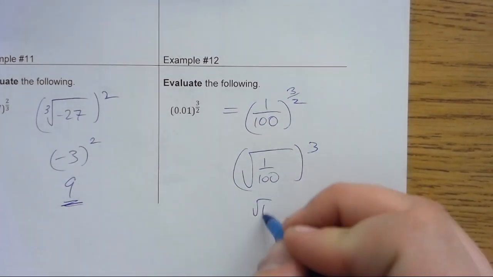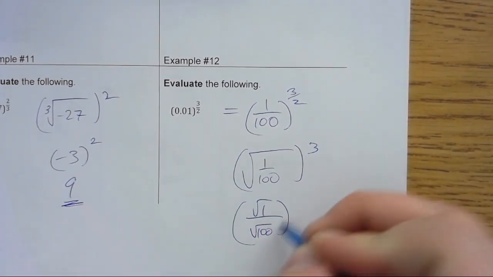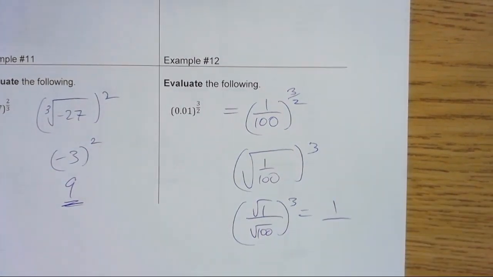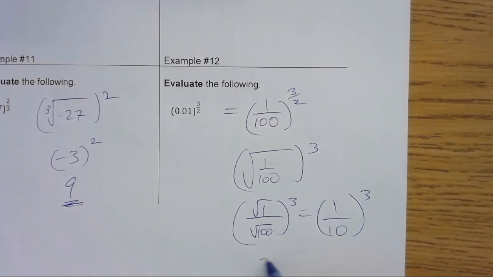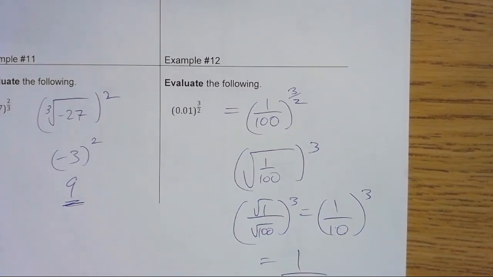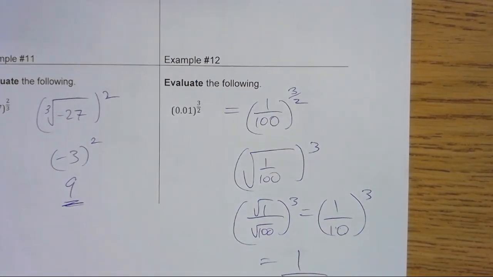If you want to split it up, we can do that. So the top is 1. What's the bottom? What's the square root of 100? And then cube everything. 1 times 1 times 1 is 1. 10 times 10 times 10. And this says 1,000. I think it's easier to work that one fractionally than it is decimally.